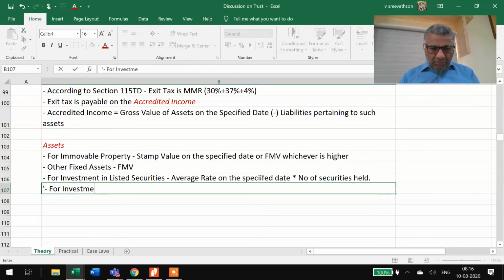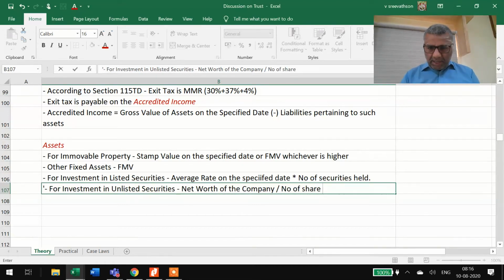For investment in unlisted securities, net worth of the company divided by number of shares into shares held by the trust.